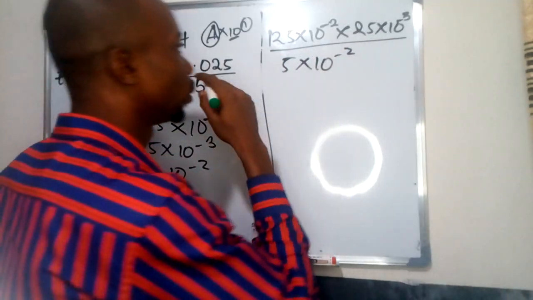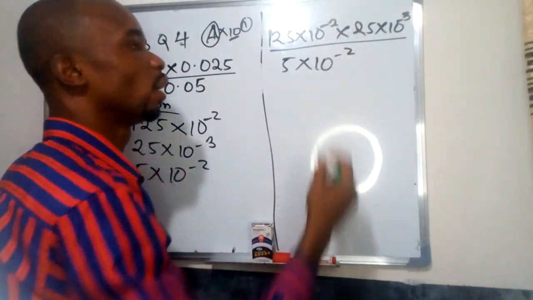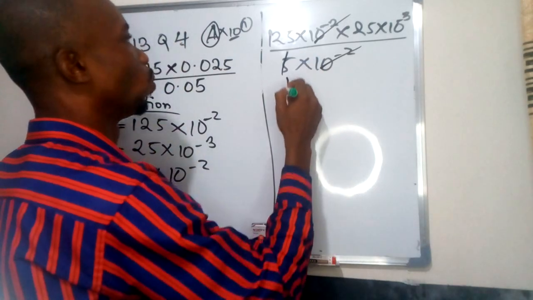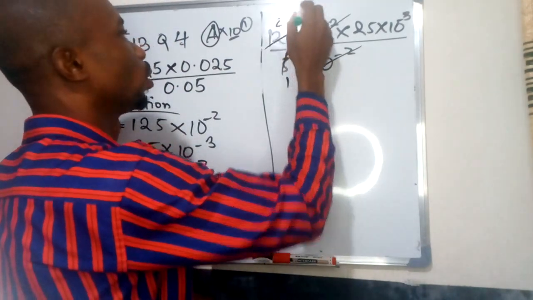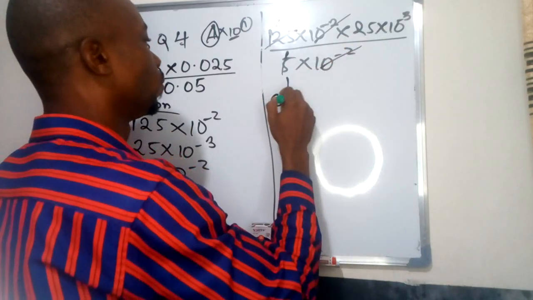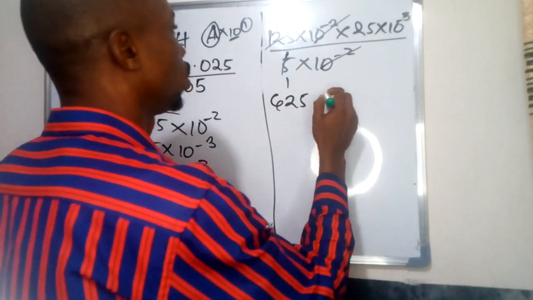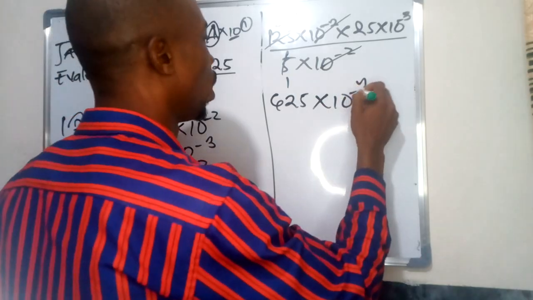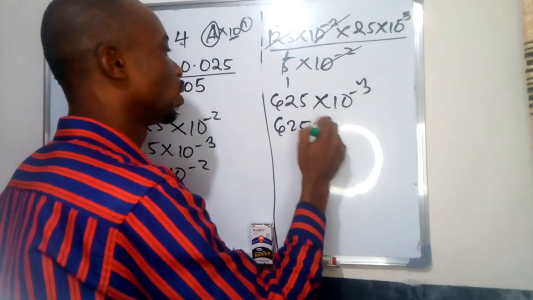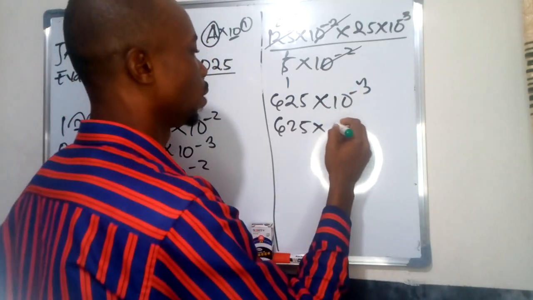If you look, 10 raised to the power minus 2 and 10 raised to the power minus 2 cancel out. The 5 here is 1 and 125 divided by 5 is 25. So let's multiply 25 times 25, we have 625. So 625 times 10 raised to the power of minus 3.